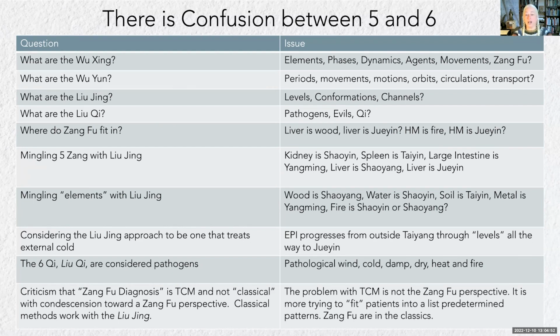So how do we not do that is a question of diagnosis, which we're not doing right now. We're doing physiology, but while we're doing physiology, we'll be looking at what are the Zongfu and how do they fit into the picture of the 6 Jing, the Liu Jing.